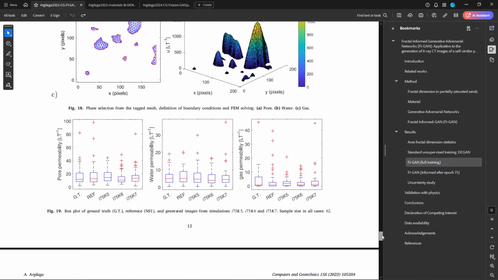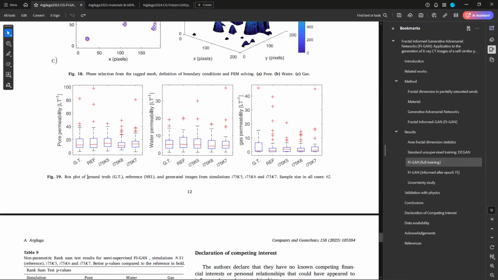Okay, so now it's time to compare statistically the permeability from real and generated images. The ground truth is the real image, and the reference is the synthetic image that comes from a model which is not supervised by the surrogate of permeability, and the others are three different parametrizations of this supervised model.